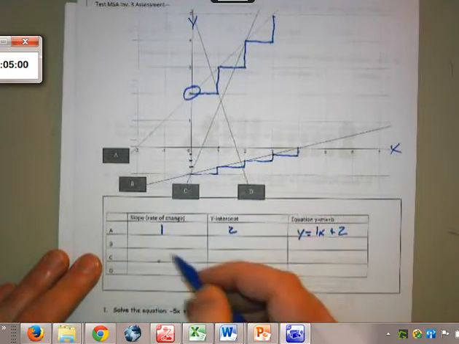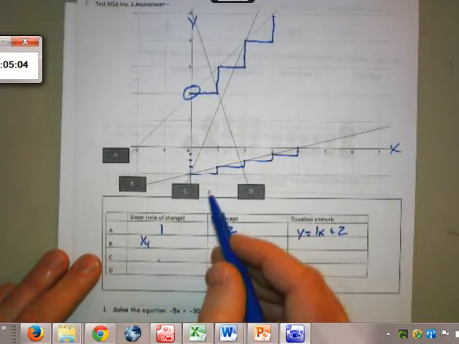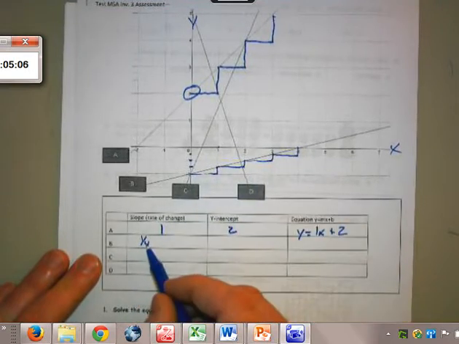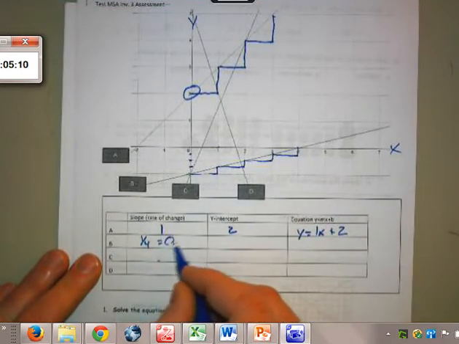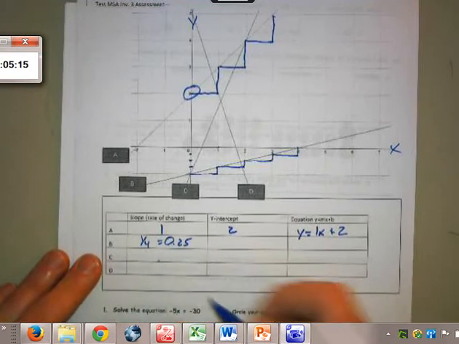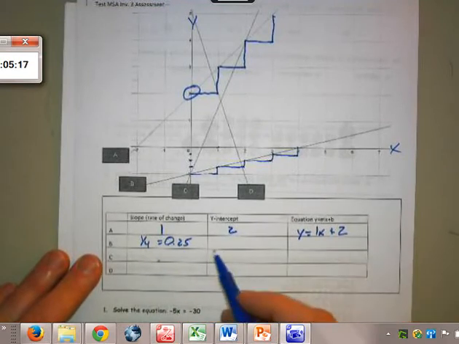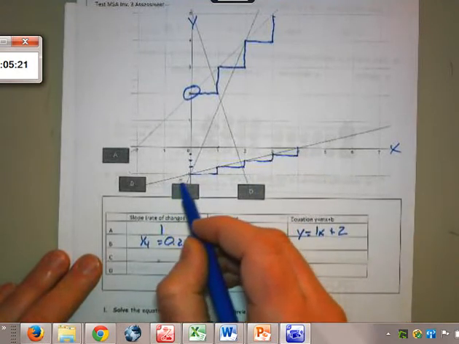So my slope is either going to be 1 over 4. So I went over 4, and I only got up 1. Or I would write it as 0.25. And I like to think of money. What's 1/4 of a dollar? 25 cents. How would I write that as a decimal? Now, what's my y-intercept? I have to find that point at which it crosses the y-axis.